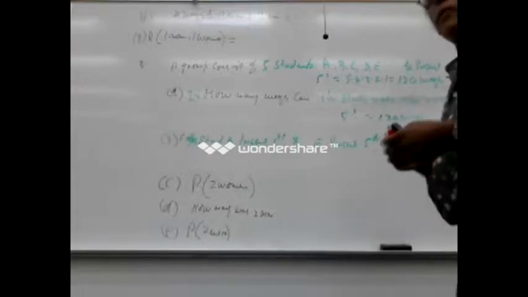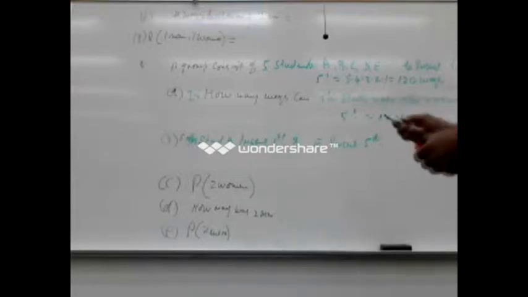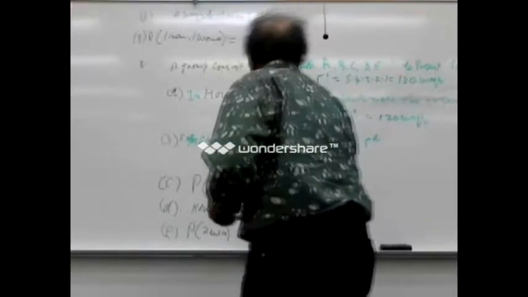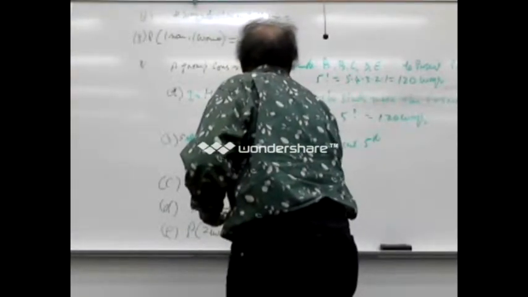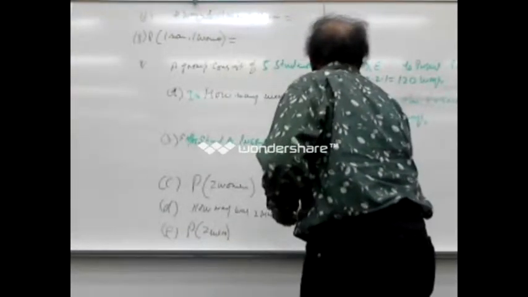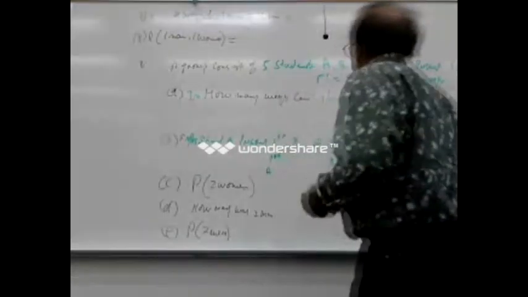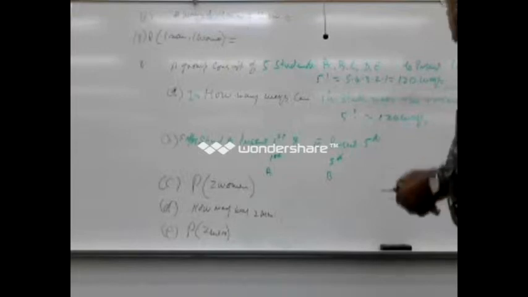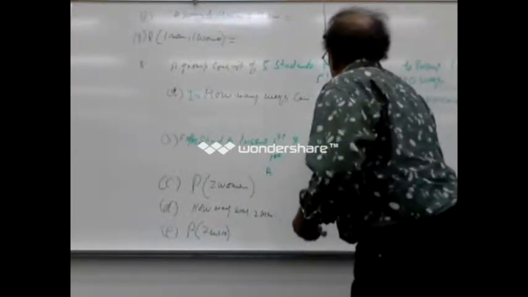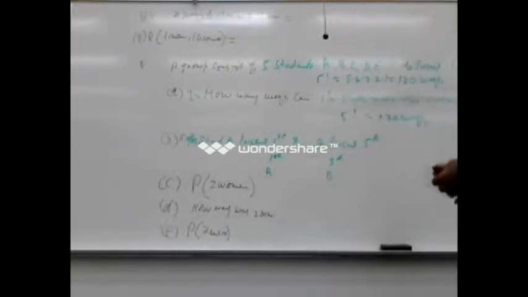So then the number of ways that these students can present would be: in the first position, A is placed, and in the fifth position, B is placed. Because it says how many ways, let's say B presents fifth. All right, B presents fifth.